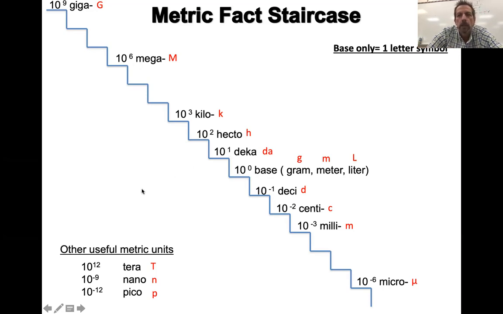Okay, so let's put this into practice. First of all, in order to deal with this, we have to be able to recognize prefixes when they're written in their typical measurement form. So for example, milligram, mg, milli next to gram. Don't confuse that lowercase m for meter, right?